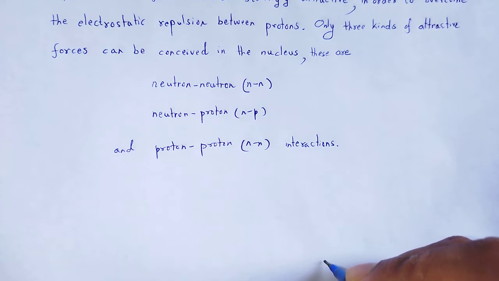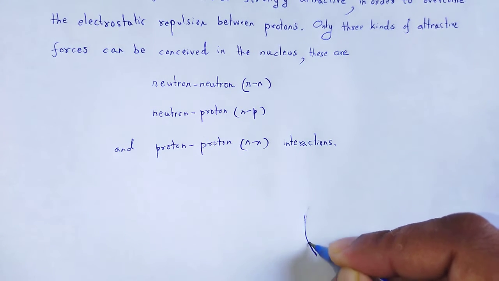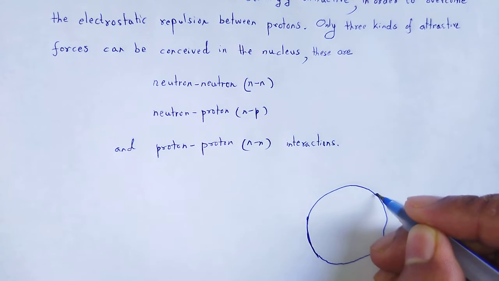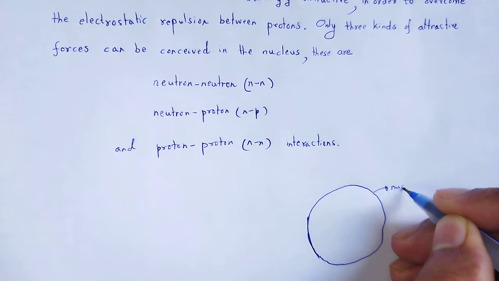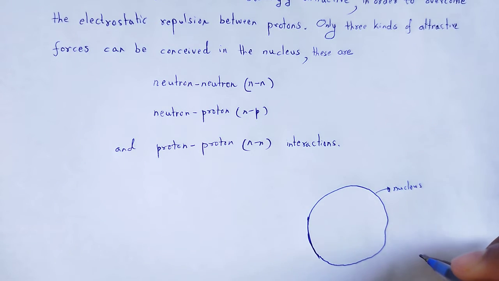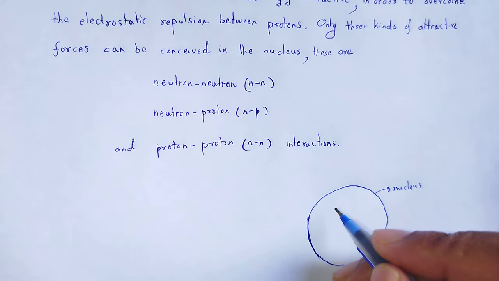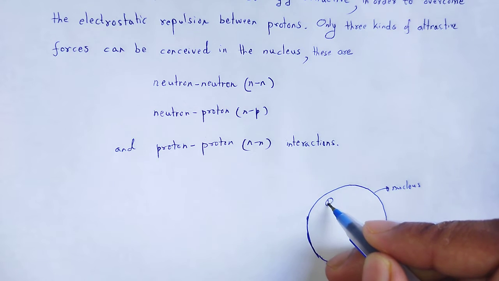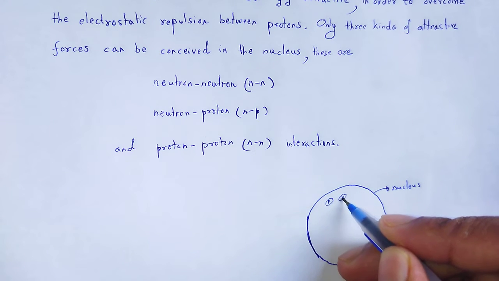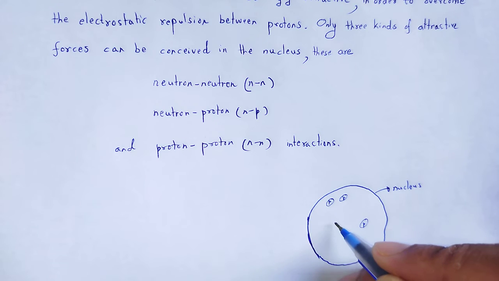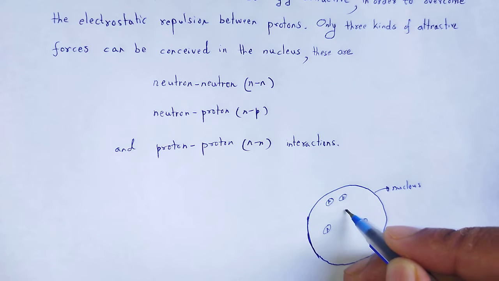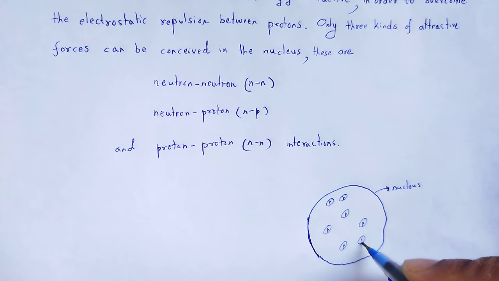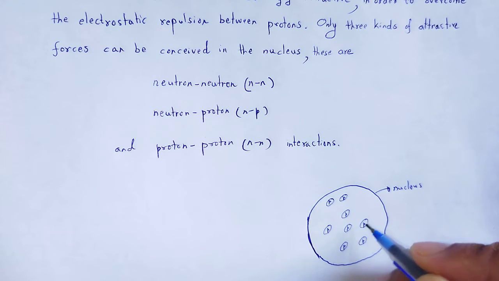If we consider the nucleus of an atom, in the nucleus there are protons and neutrons.